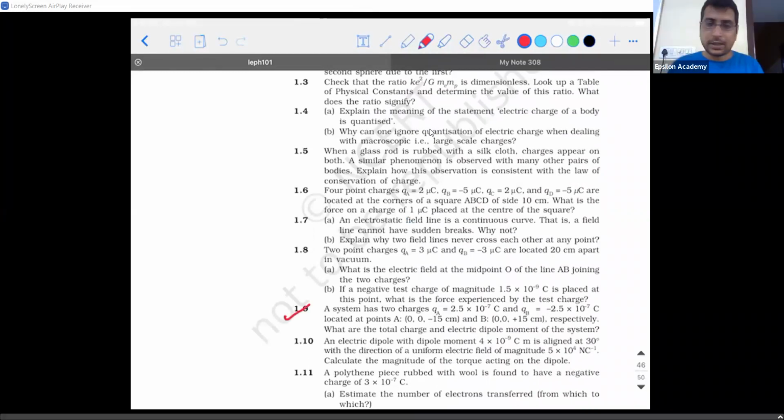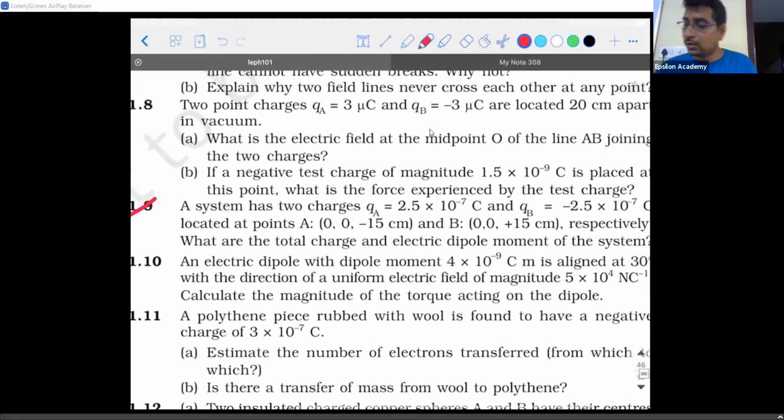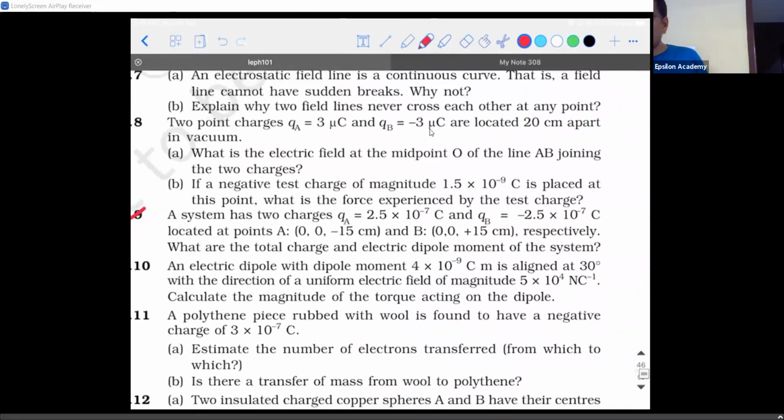1.9. A system has two charges which are 2.5 into 10 power minus 7 coulomb and minus 2.5 into 10 power minus 7 coulomb, located at points 0, 0, minus 15 and 0, 0, 15 respectively. What is the total charge and the electric dipole moment of the system?